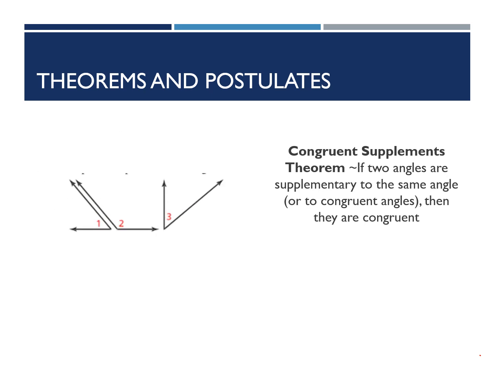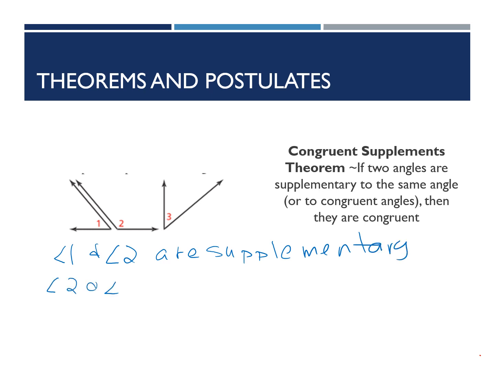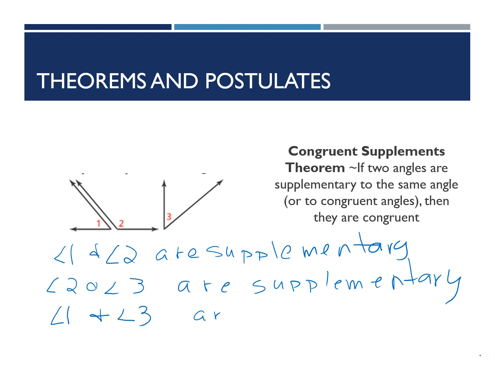So if I have these three angles, and I know that angle 1 and angle 2 are supplementary, and I know that angle 2 and angle 3 are supplementary, then according to this theorem, angle 1 and angle 3 are also supplementary.